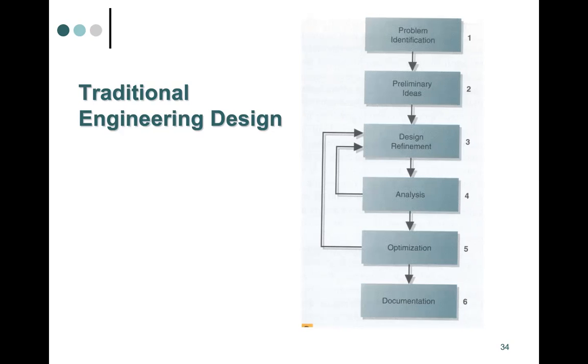For example, we want a toy that can transform from a car into a robot. I don't know how to transform this into the car, but anyway, this is the robot, and it can transform into the car by changing something. I don't know how to change that.